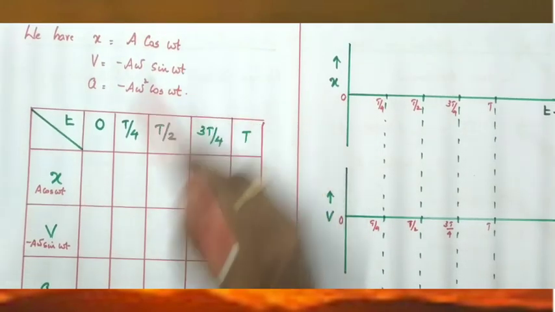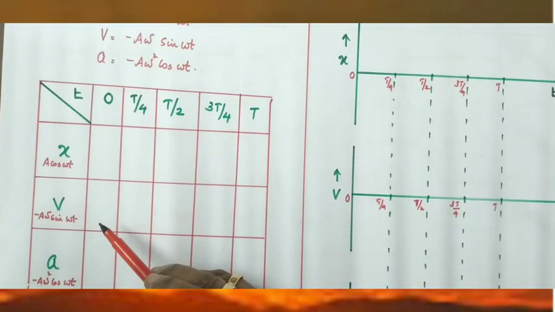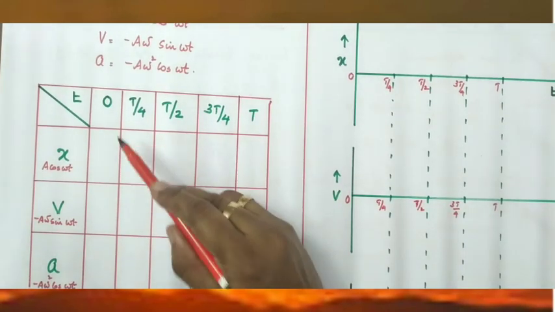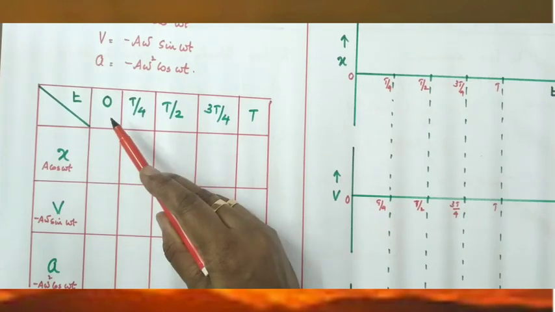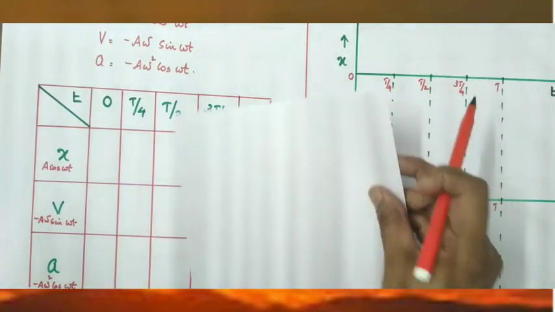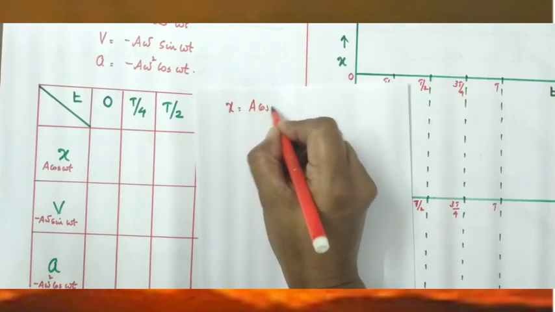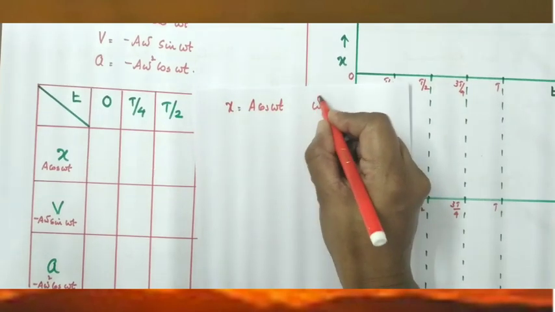We have displacement x equal to A cos omega t. For the time t equal to 0, how will you write the displacement? And what is the value of omega?